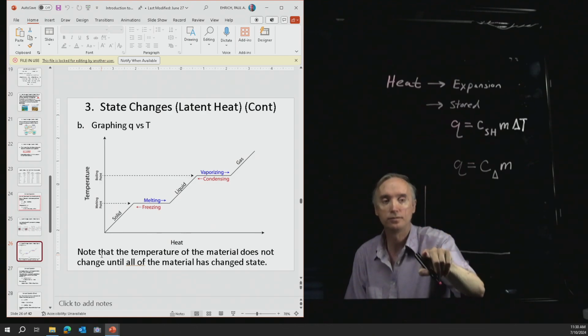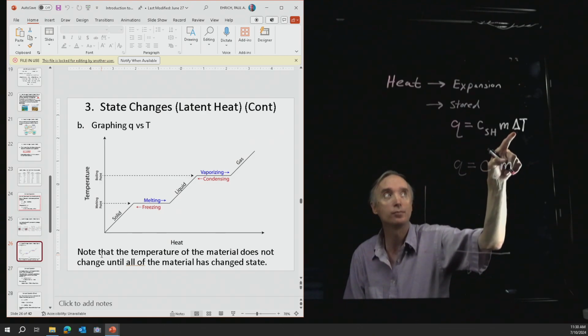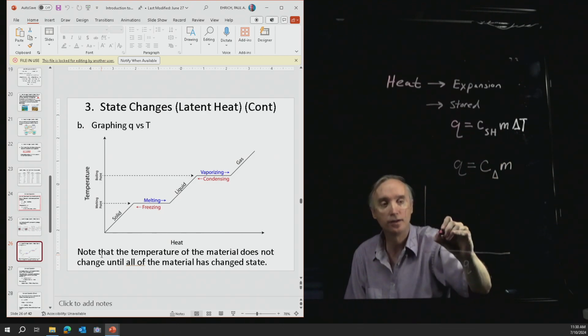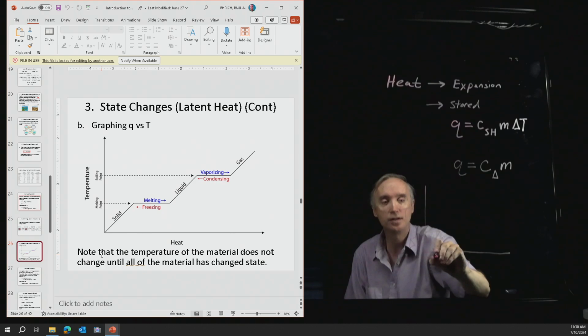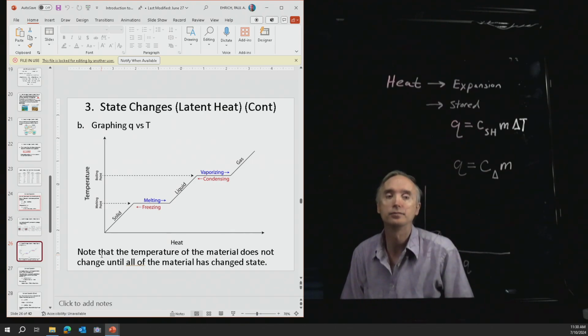So from here to here, the temperature changes. That's the temperature change here. And then going from here to here, that would be the amount of heat. So this heat here, and then this temperature change right there.